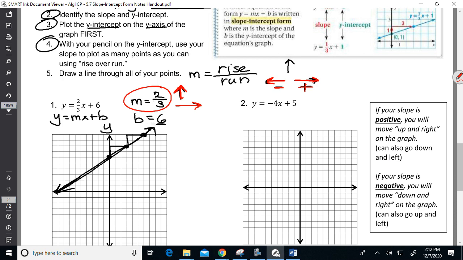So you go back to your y-intercept, and then you go up 1, 2, and to the right 1, 2, 3. Up 1, 2, to the right 1, 2, 3. And then you draw your line.